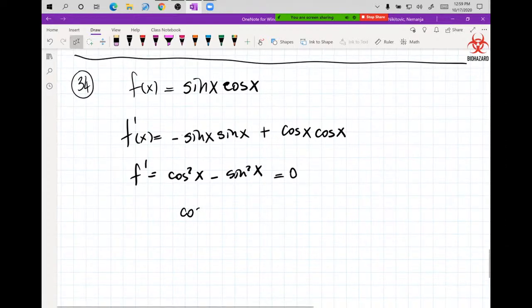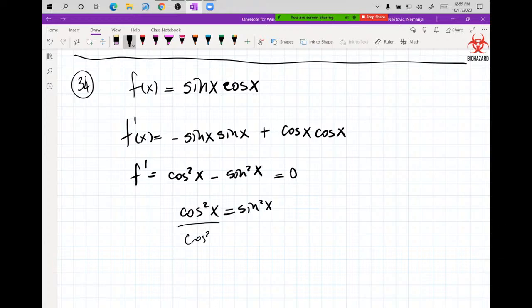If you say cosine squared x equals sine squared x, then you divide, you already lost solutions. It's never good to divide, right? Because if you divide both sides by cosine squared x to get the tangent squared, what you just did is you discriminated against cosine, and you said that that can never be 0.